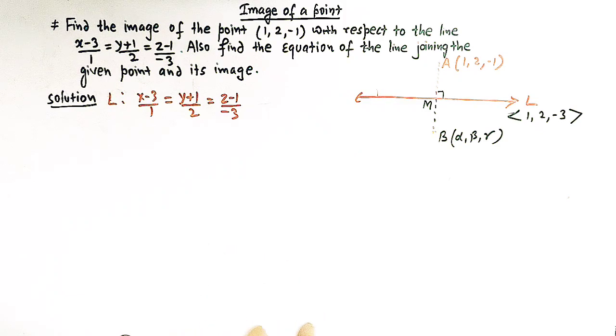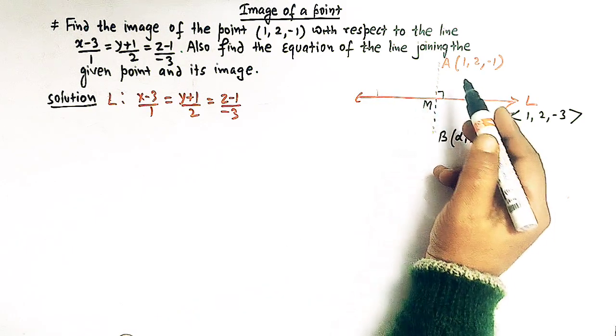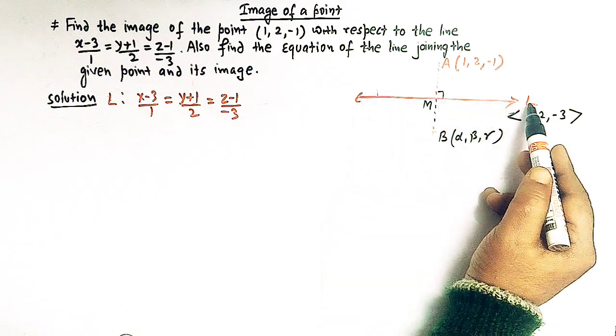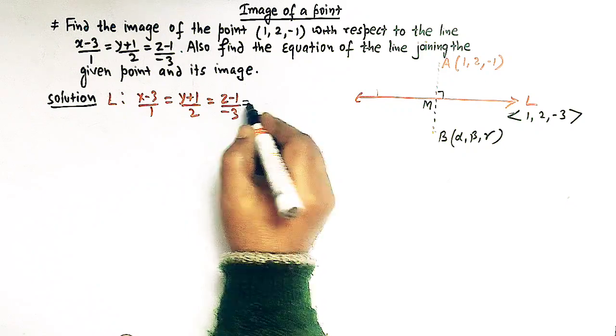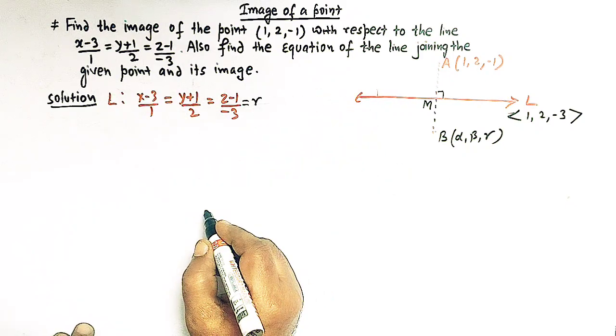Now we'll make use of the concept of a general point lying on a line. Here the point M lies on this line AB and this line L, right? So we'll introduce a scalar, say R, a real number.